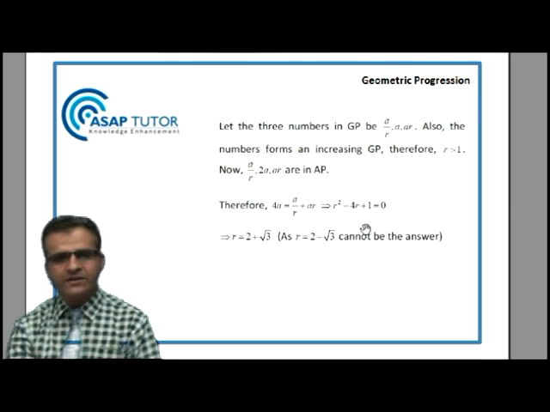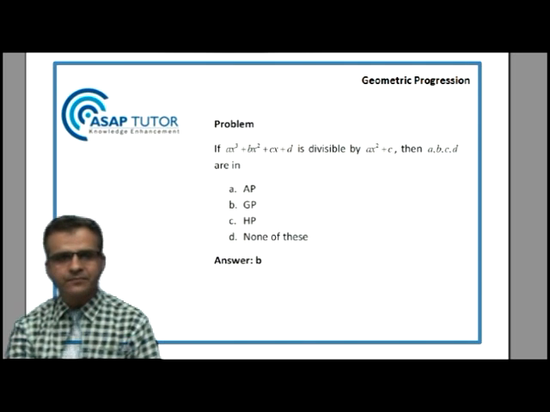Solving it, we get this equation, and simplifying this, and solving this equation, we get two values of r. That is r is equal to 2 plus the square root of 3 and r is equal to 2 minus the square root of 3. Now since according to the question r is greater than 1, we cannot have the value 2 minus square root of 3. So therefore the correct option is r is equal to 2 plus square root of 3.